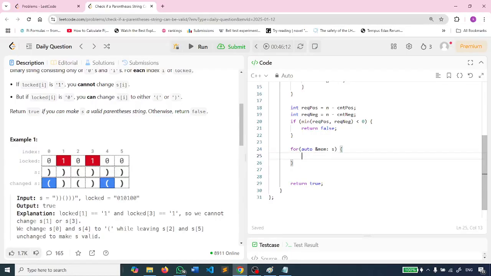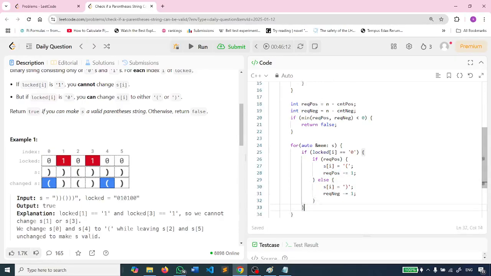So if locked of i equal to 0, if rec was, then we will do s of i equal to this, rec was minus equal to 1. Else, actually we didn't even need rec negative. We could have done with just positive itself, but it will make the code more understandable. So taking two variables is good for that reason.